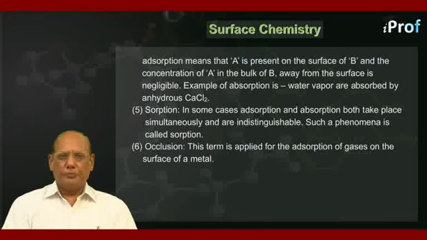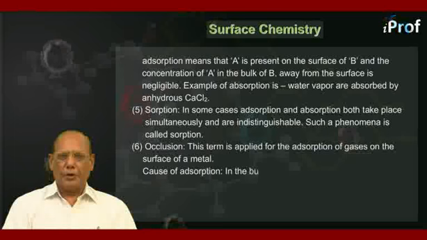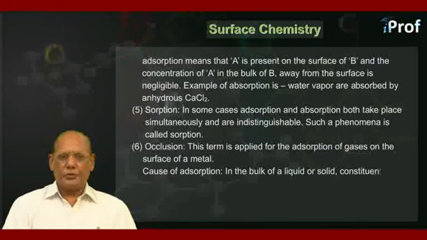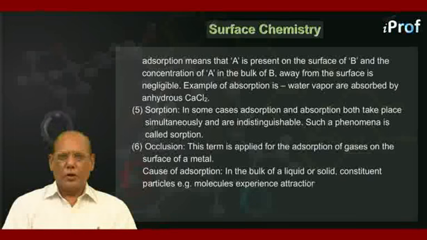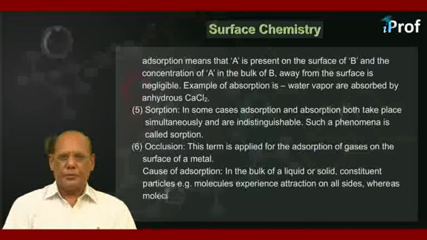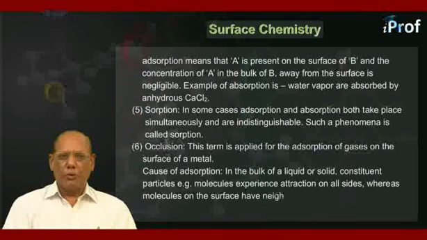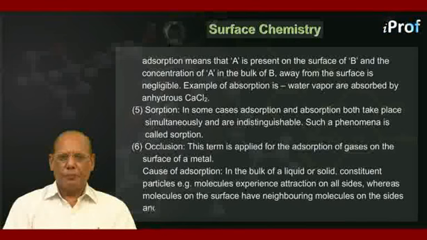Then we come to the cause of adsorption. In the bulk of a liquid or solid, constituent particles, for example molecules, experience attraction on all sides, whereas molecules on the surface have neighboring molecules on the sides and below.